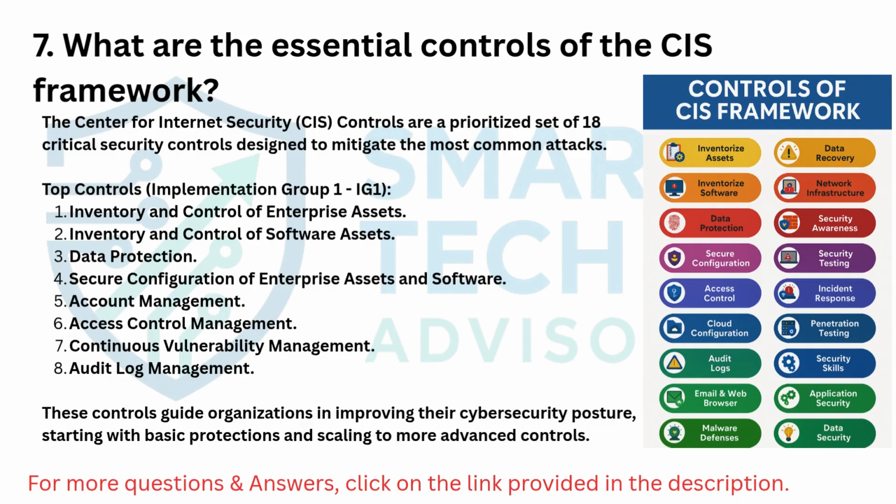Top controls implementation groups: IG1, inventory and control of enterprise assets, inventory and control of software assets, data protection, secure configuration of enterprise asset and software, account management, access control management, continuous vulnerability management, audit log management. These controls guide organizations in improving their cybersecurity posture, starting with basic protection and scaling to more advanced controls.